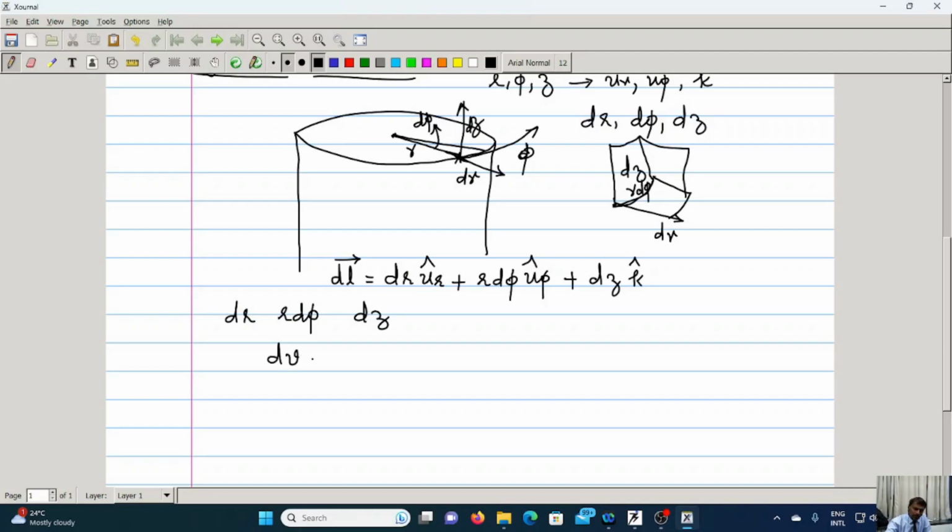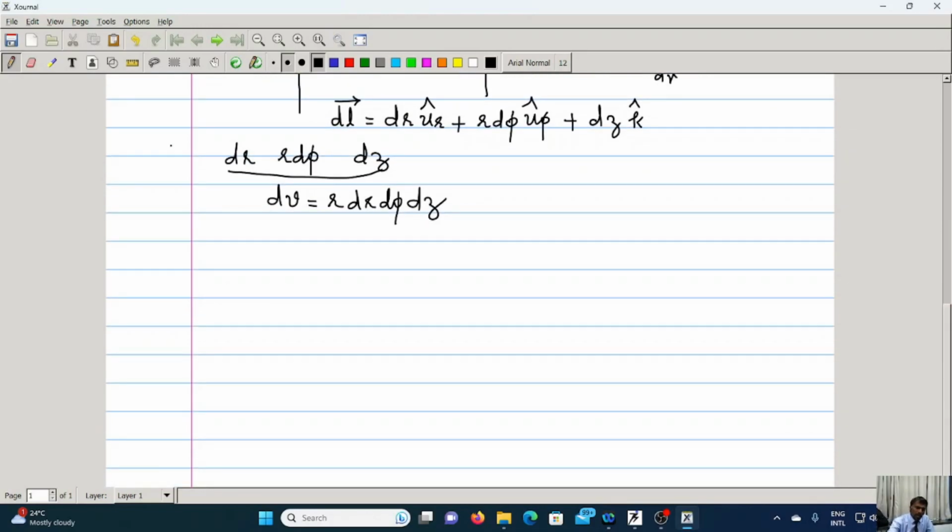Therefore the incremental volume is just the product of these three sides: r into dr d phi dz. So this is for the cylindrical coordinate system.